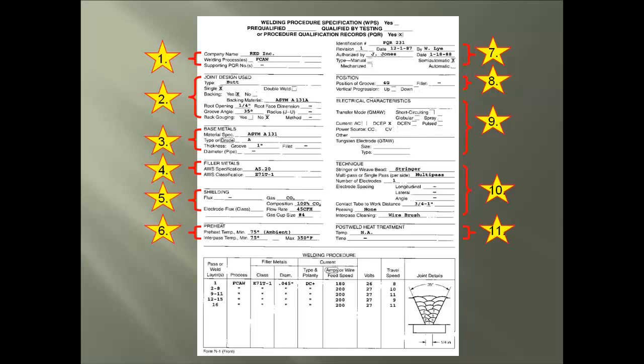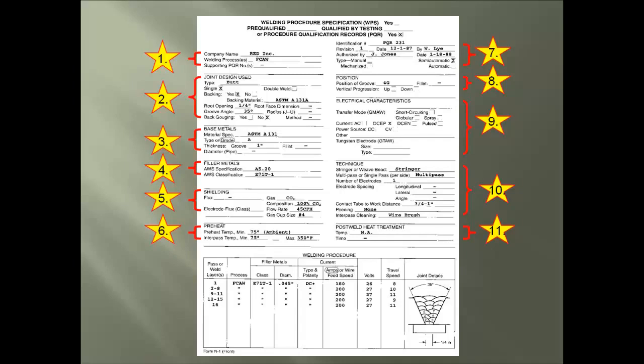And the last line item on this side of the form is star number 11, which covers the post-weld heat treatment, and if required, what is the temperature to be held at and for how long.